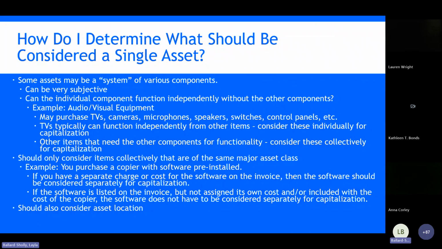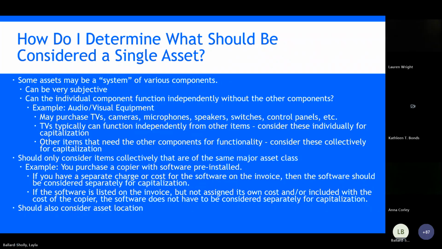Building on that, in addition to determining if the things can function independently or they need the others to function, you also have to consider everything collectively by the same major asset class. So for this, everything I mentioned is equipment, so that doesn't really apply, but occasionally you'll get something where there might be some software included.